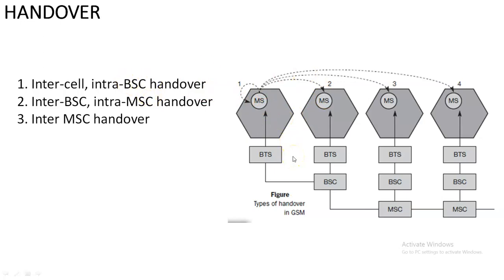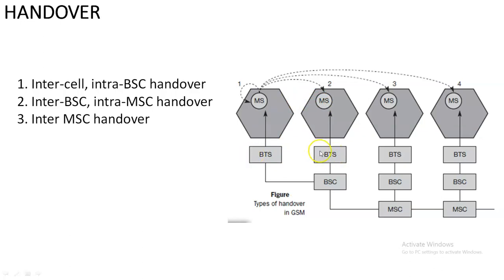In this example you can see that from the first hexagon, or first cell, you're going to move to the next cell, so 1 to 2 you are moving. Here they are different cells, so that is inter-cell but intra-BSC. Here it is connected to BTS 1 and you're going to move to BTS 2.